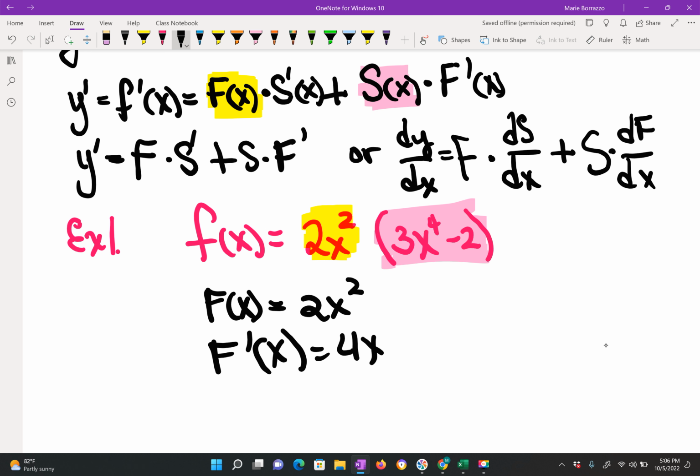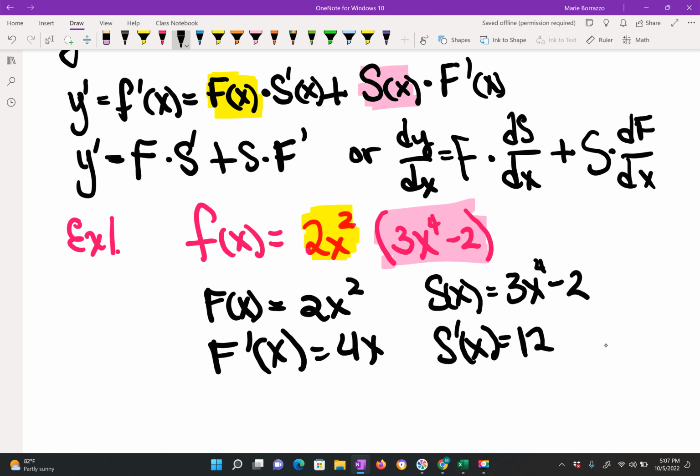The s of x is simply 3x to the 4th power minus 2, and so its derivative is simply 12x to the 3rd power. Do you see where this comes from? Look at how I'm drawing the arrow. I'm drawing this as a product going this way, plus this product going the other way.